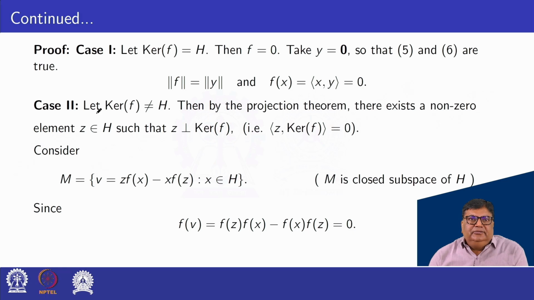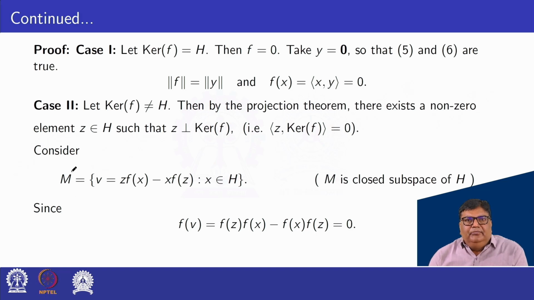Case second, let kernel f not be equal to H. Then by the projection theorem, there exists a non-zero element z belonging to H such that z is perpendicular to kernel f, that is, the inner product of z and kernel f is equal to 0.